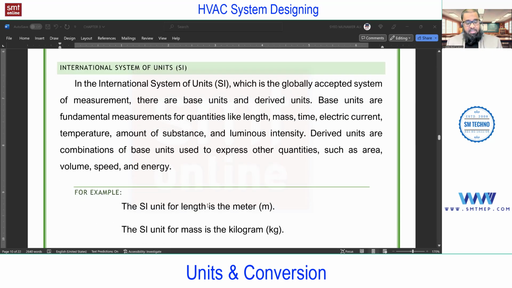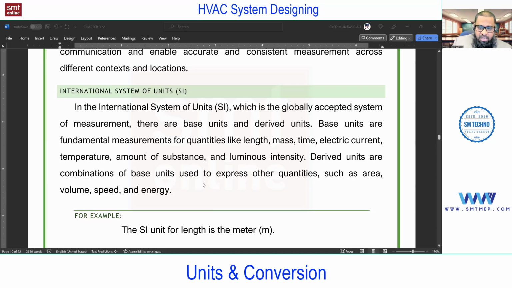And the second measurement system is the English system, also known as Imperial or IP. We don't have a fixed option in actual practice. Everyone is using the International System of Units only, but as per the requirement, we are using a mix also. We'll conclude that, but first of all, we'll talk about SI.